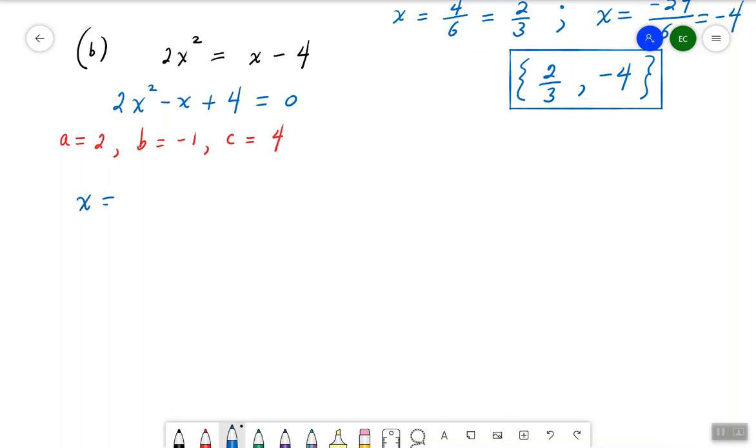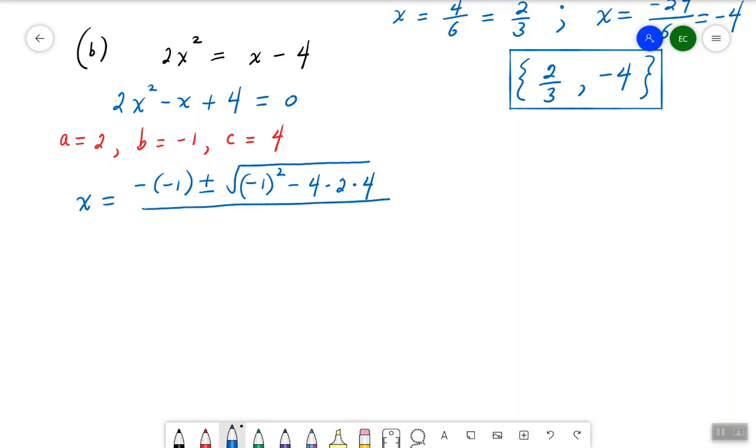And when we plug into the quadratic formula, we get negative b plus or minus the square root of b squared minus 4 times a times c. I've gone a little bit faster there. You have to be careful that you're keeping track of the value of each of the letters, and also that you remember what the formula says.